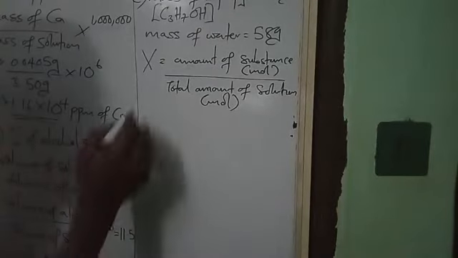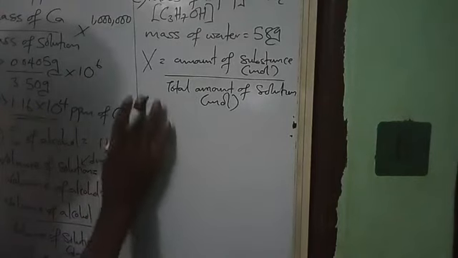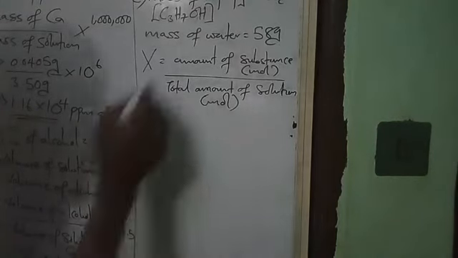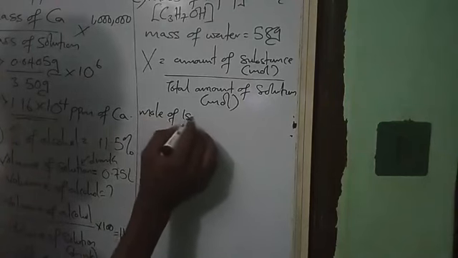So before we can start getting mole fraction, we have to get the mole of each of them. So what will be the mole of isopropyl using mass over molar mass?